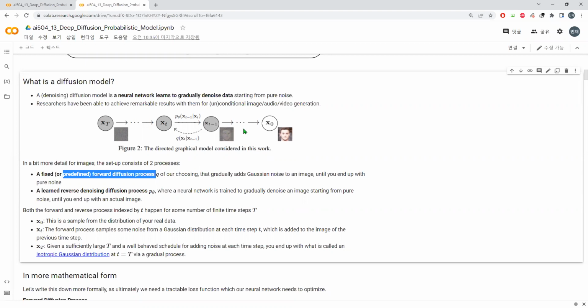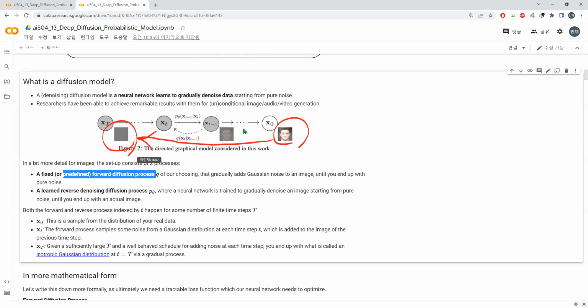So this way is forward, from a clean image to total noise.